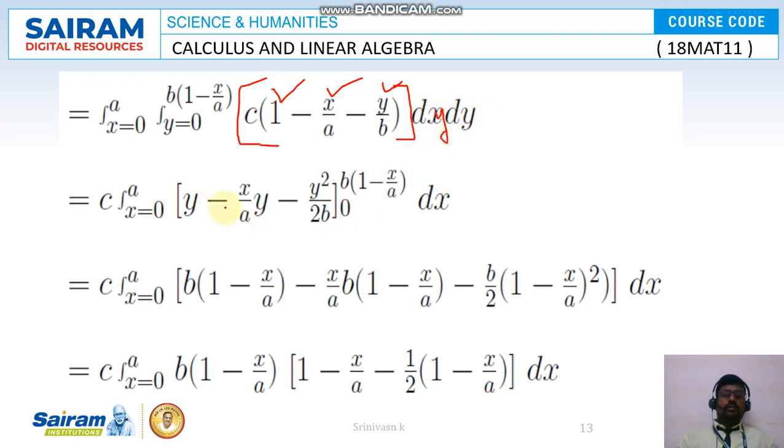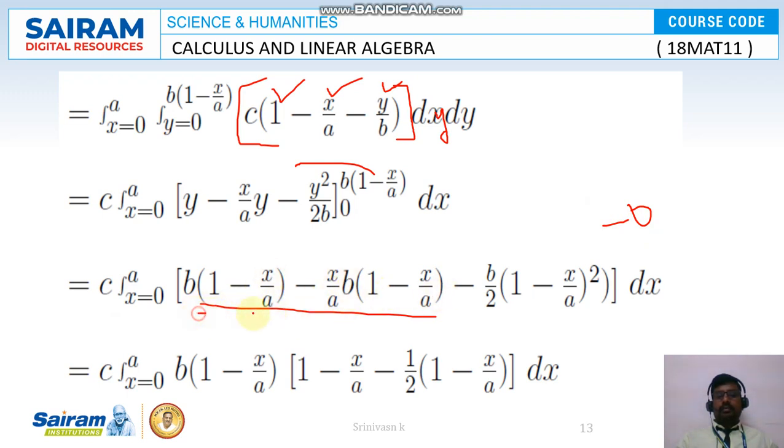So y into 1 minus x by a minus x by a into y minus y square divided by 2b. Substitute the upper limit minus lower limit, which is 0 only. So b into 1 minus x by a minus x by a into b into 1 minus x by a.